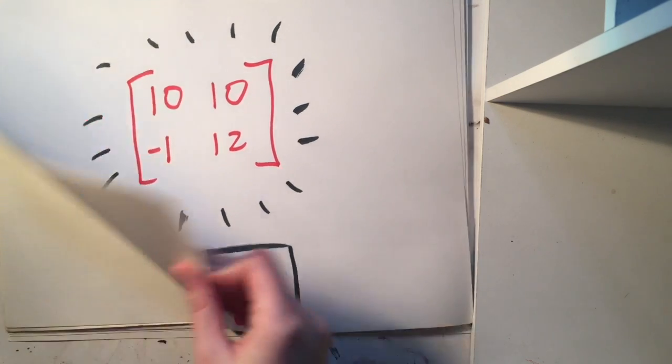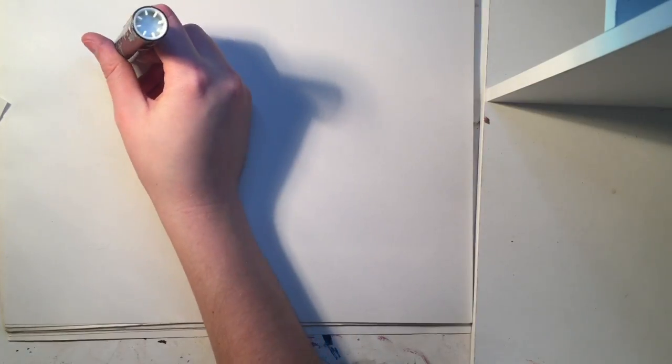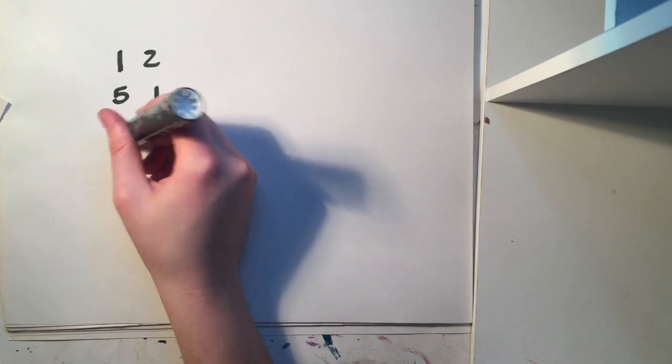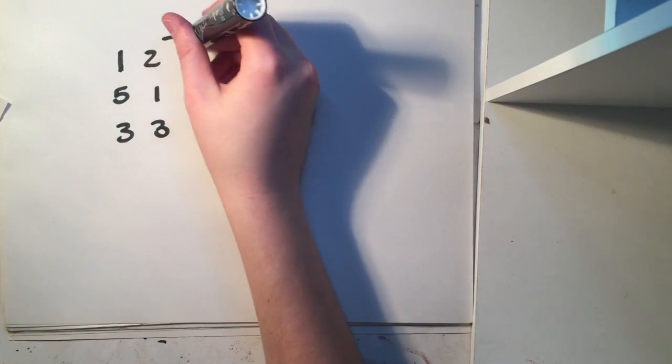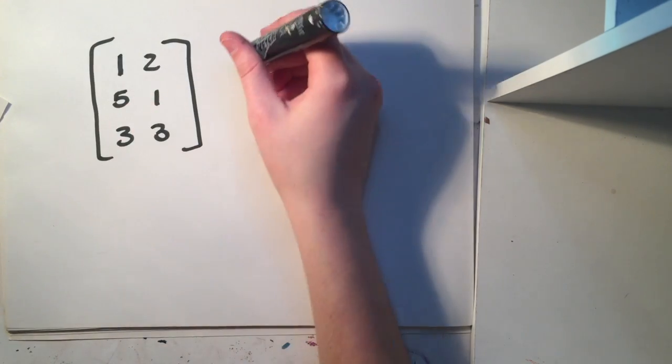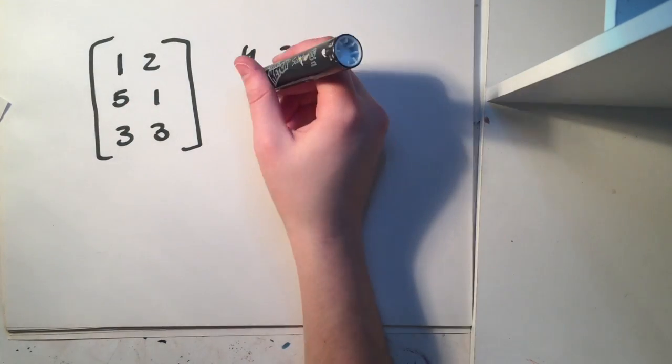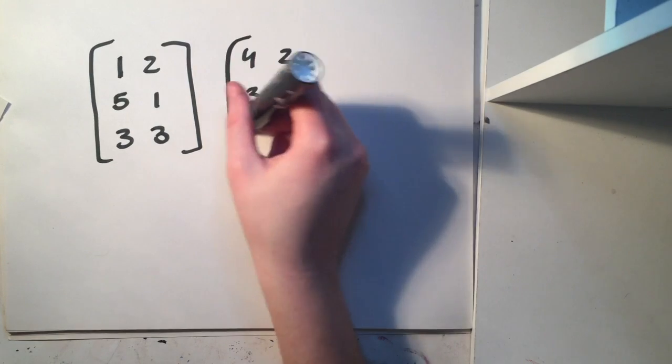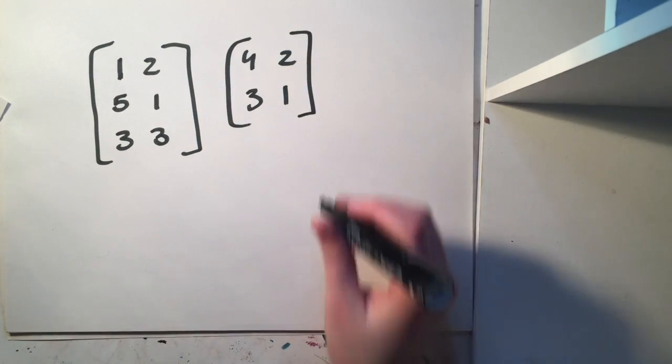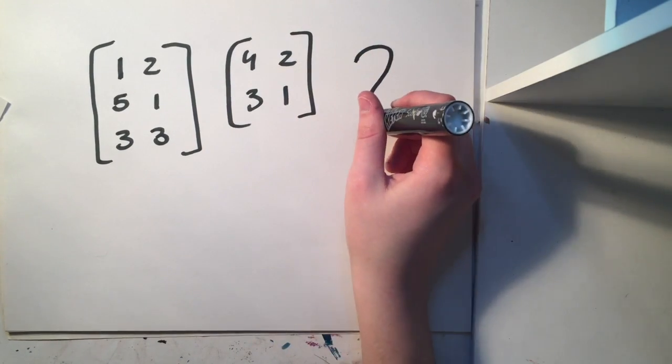But what happens when we try to multiply a 2 by 2 with a 2 by 3? So we have 1, 2, 5, 1, 3, 3 for our first, and then 4, 2, 3, 1 for our second. Now, can we multiply these?